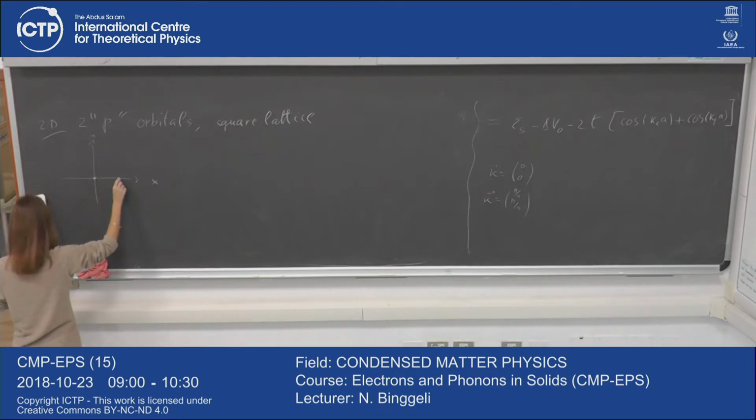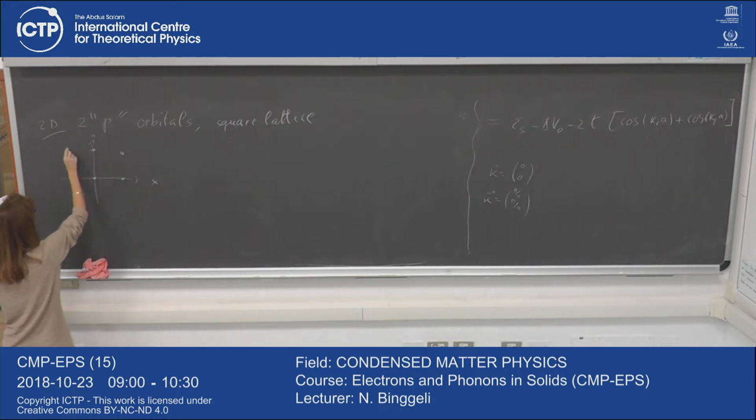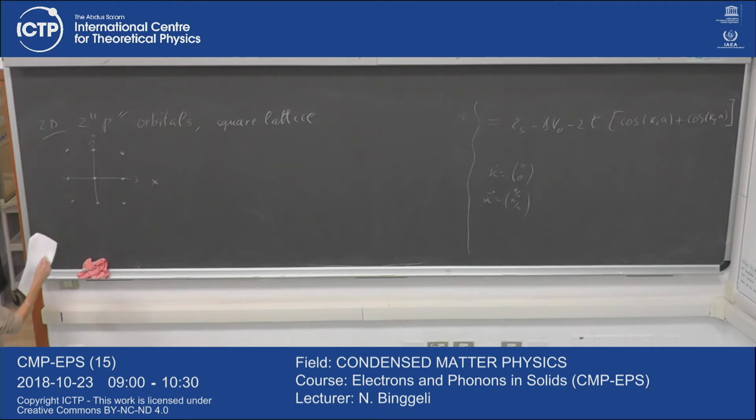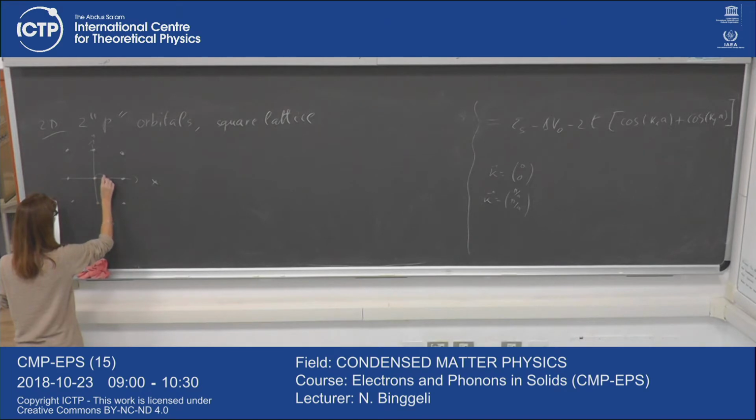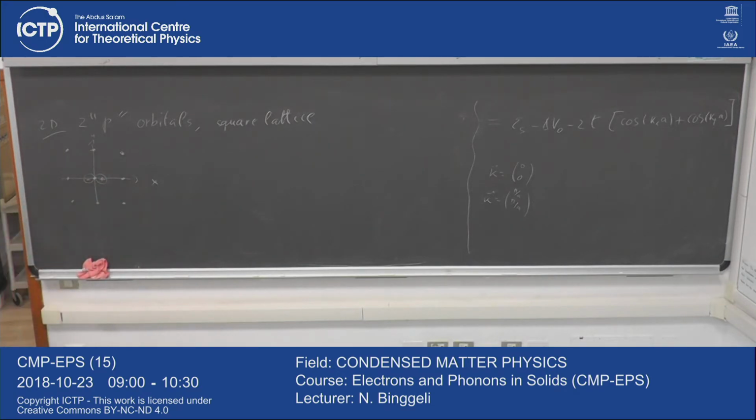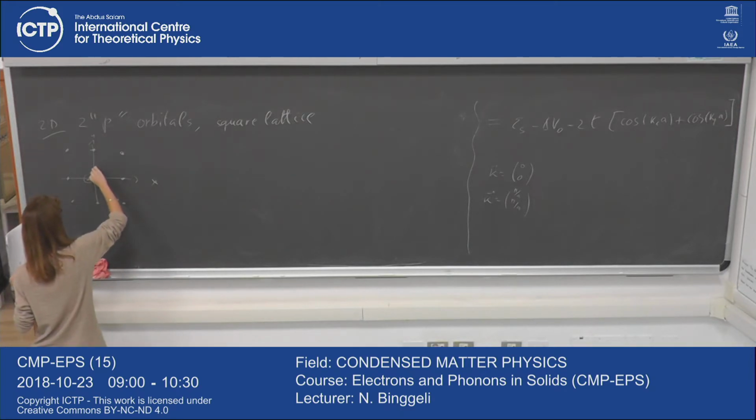These are the positions of my atoms. And I'm considering p states, so for the atom at the origin, the px state will have a positive lobe and a negative lobe, and also the py state, I'm drawing it in dashed line here.